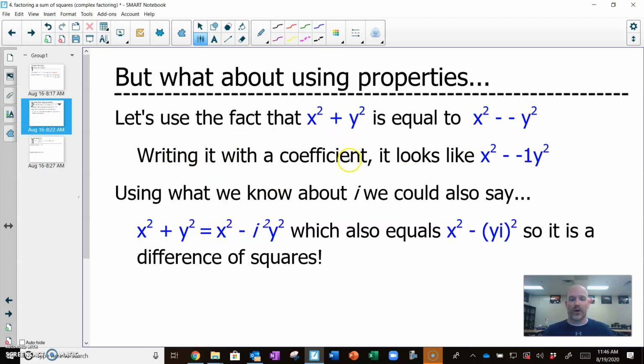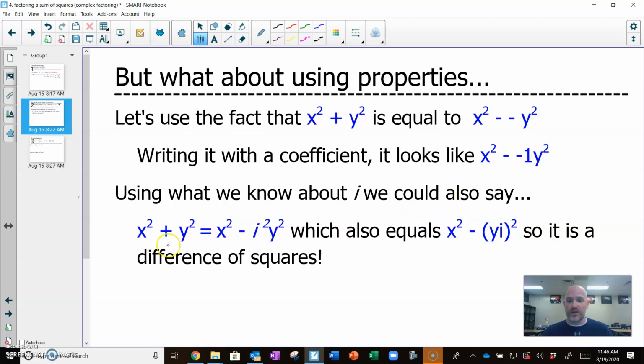Writing that with a coefficient, it would look like x squared minus negative 1y squared, okay? Using what we know about the value of the imaginary number i, okay, we know that negative 1 is the same thing as i squared.